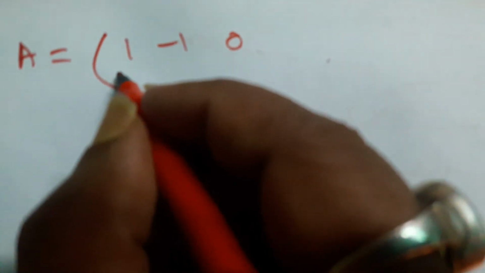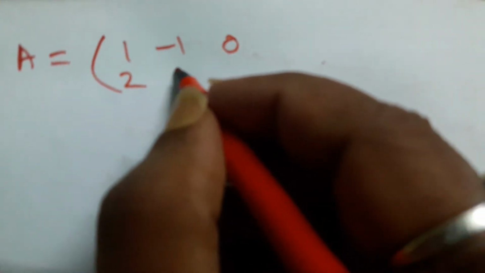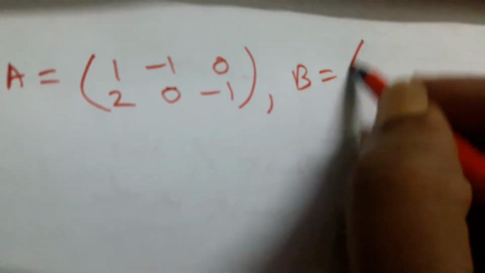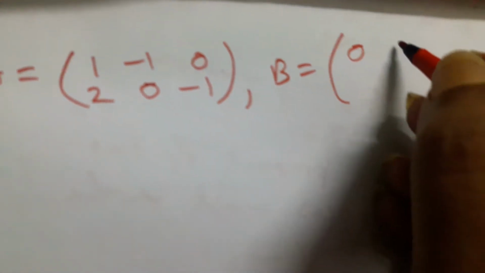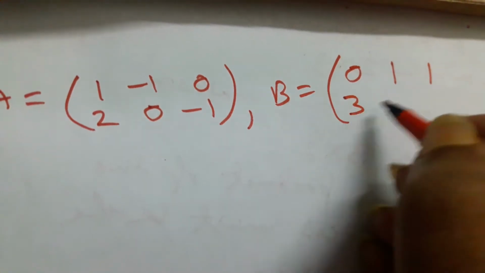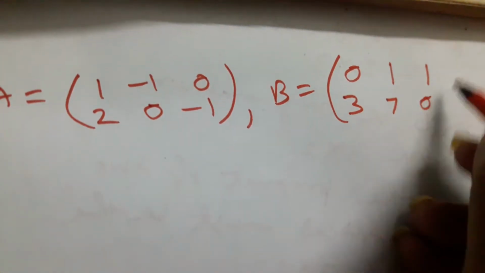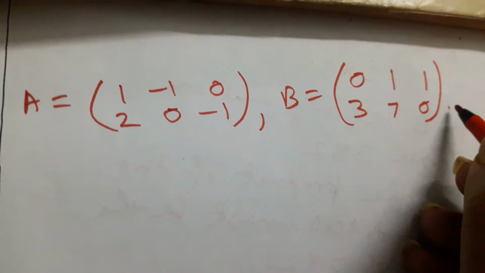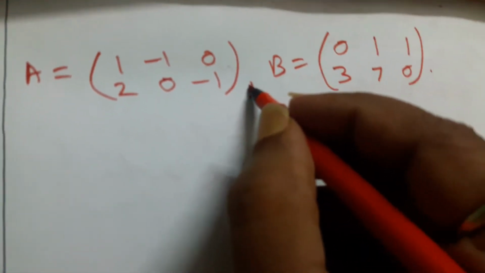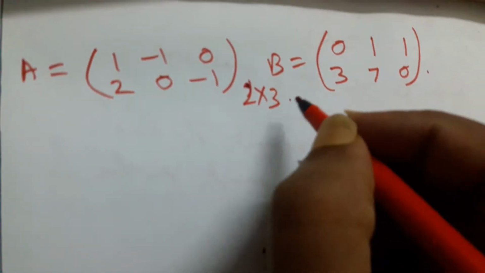If we take A matrix of the order 2 by 3 like this, 1 minus 1 0, 2 0 minus 1, and B be another matrix 0 1 1, 3 7 0, it is also a matrix of order 2 by 3.